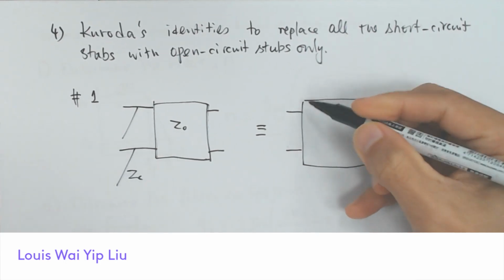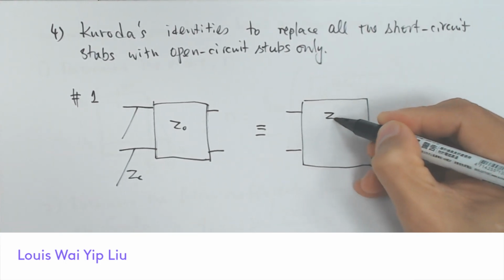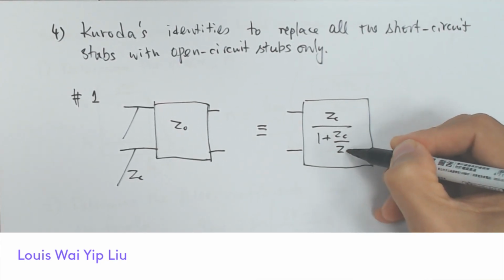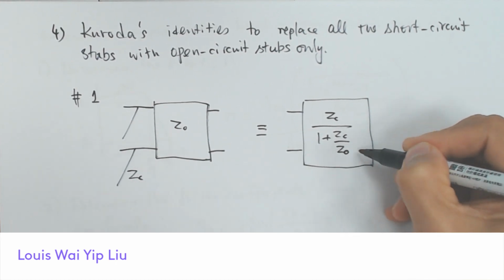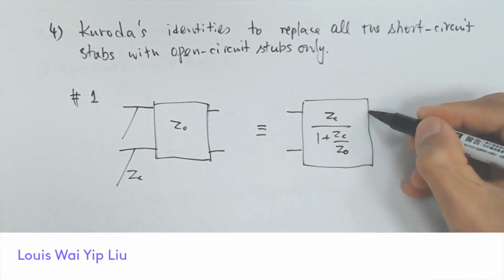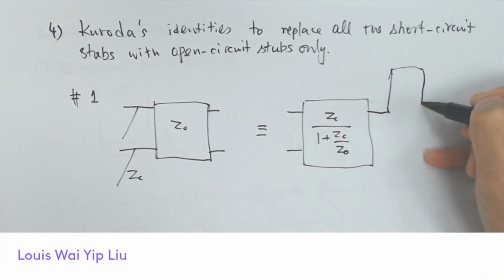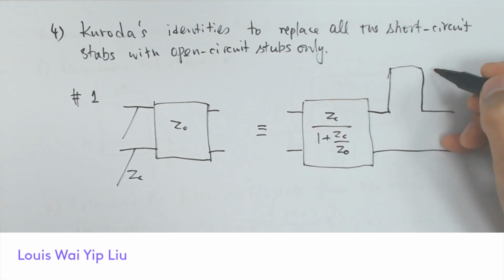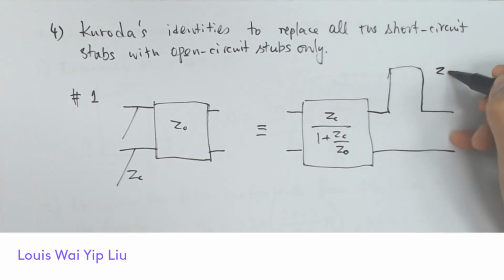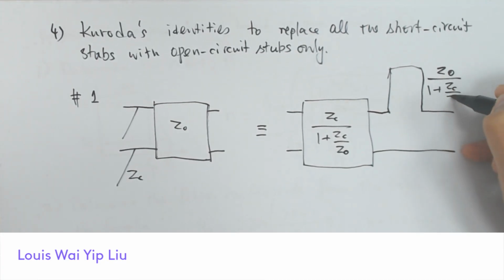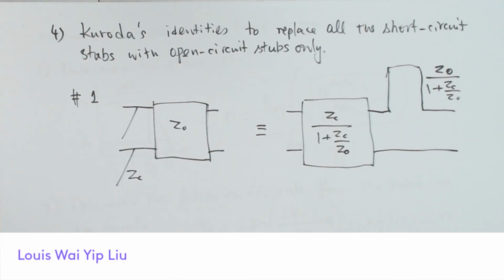By doing this, we will end up with the characteristic impedance for these transmission line sections with this value, and together with a short circuit stub, the characteristic impedance of this short circuit stub is this. So this is Kuroda identity number 1.